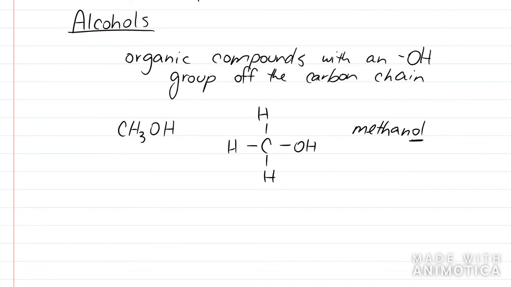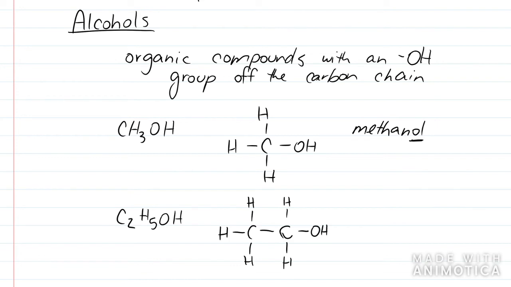So then if we take C2H5OH, again, looks just like our ethane, but instead of one of the hydrogens, we have a hydroxide group. And this is called ethanol.